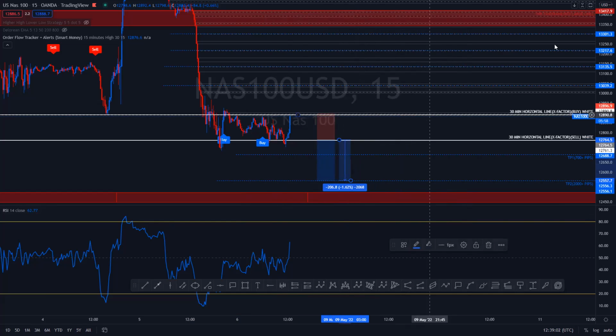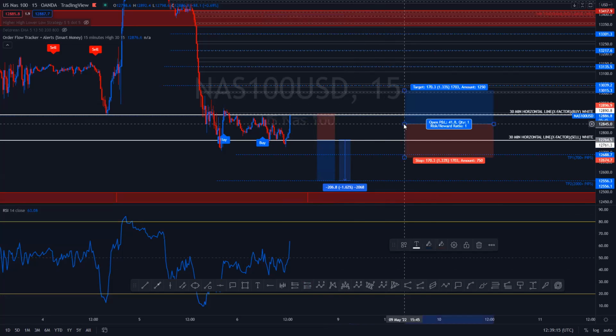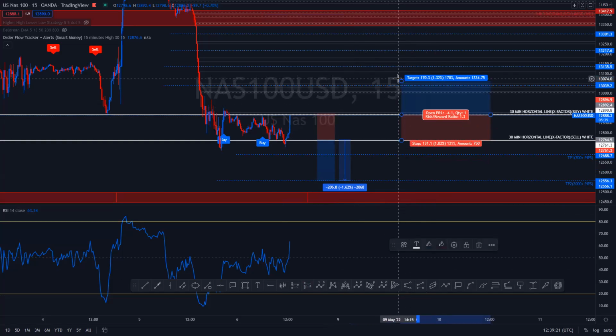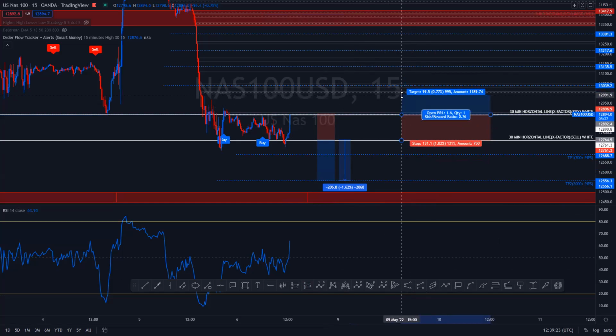Now, if price ends up buying like we think it's going to, then I'm going to put my risk to reward tool here. And I'm going to guess that price is probably going to come up to this point, sell off in this area.